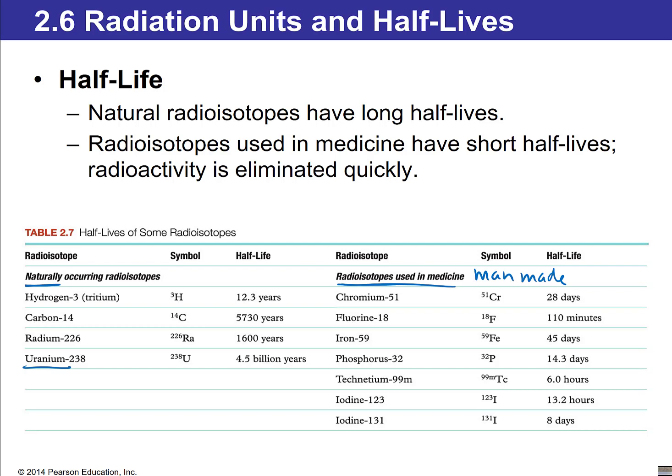But stuff that we use for medicine, you have minutes, hours, maybe days, but much shorter, because you don't want it to be affecting your patient for a long time, for years after you're actually administering it.